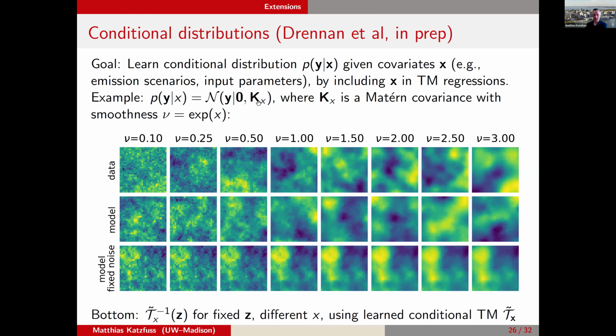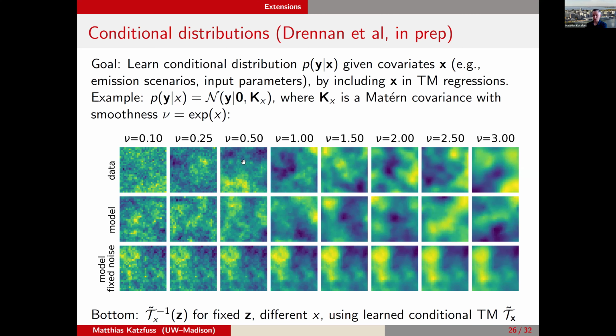So essentially X is the log smoothness, but of course our model does not know this. It's just saying I'm observing, for different smoothnesses, for different X's basically, training samples like we have here in the first row. And now I'm going to simply learn what the spatial distribution is as a function of this X, as a function of this log smoothness, given the training samples that I have.